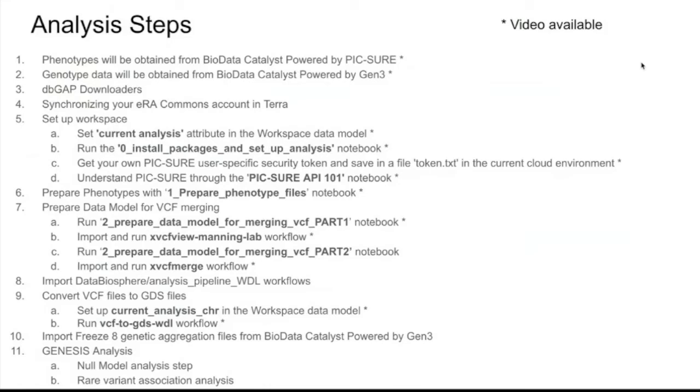Terra is quite nice in that you can set up your analysis in different ways. This is only one way, but I hope that by making a template available, basically a pre-set up workspace without any data, it will make it easier for all of you to start using Terra for your top meta-analyses.